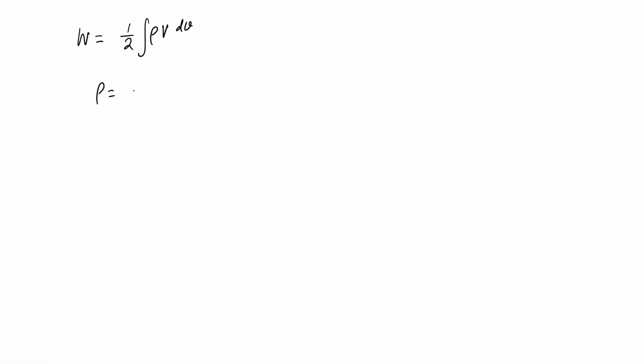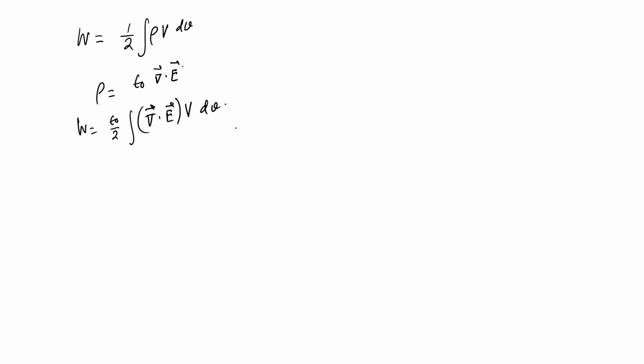What you can do is use rho equal to epsilon 0 times the divergence of E. I mean, this is not required, we are just talking about the volume charge. If you put this in W, which is the potential energy or the work done, there will be an epsilon 0 here, and a divergence of E times V dv.